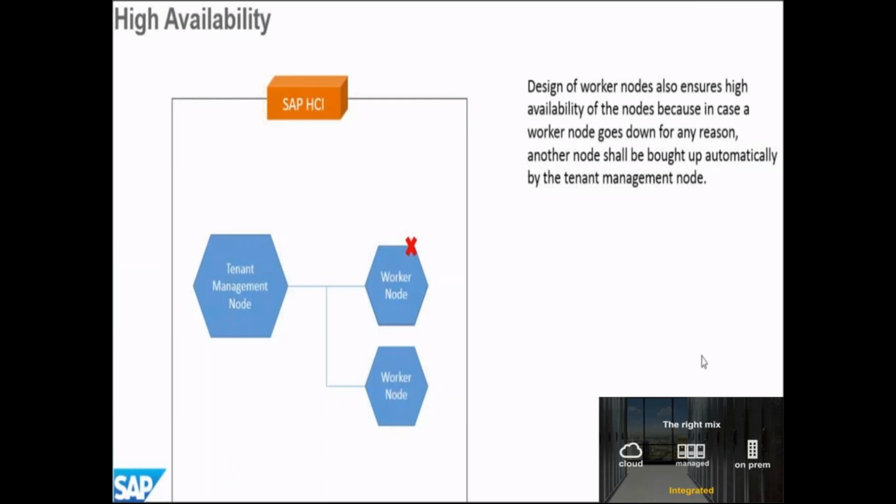It all depends on SAP how they are switching between the worker nodes or the hardware. But for us, we have the advantage that our HCI will be up almost 100% of the time.